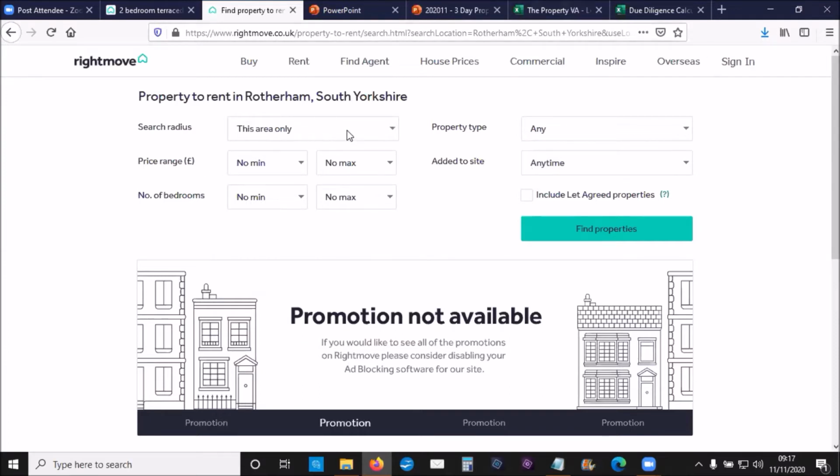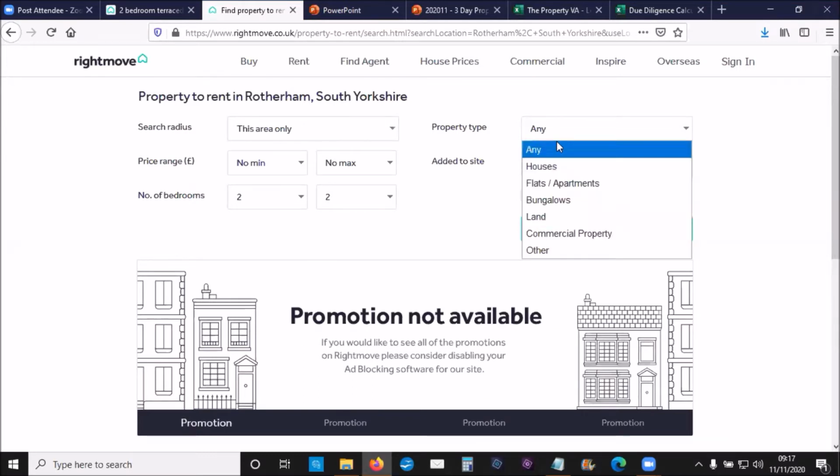So here we are. We are now going to look at similar comparables, like for like properties for rent in Rotherham, South Yorkshire. So we can determine how much a property like this will rent out for. Number of bedrooms, we did say it was a 2-bed. So minimum 2, maximum 2, so that we only look at the rent prices of 2-bedroom properties in Rotherham.